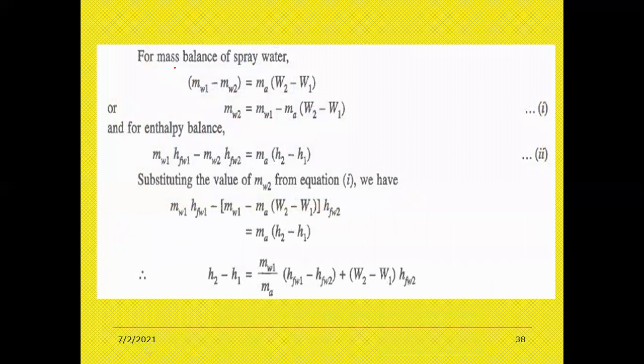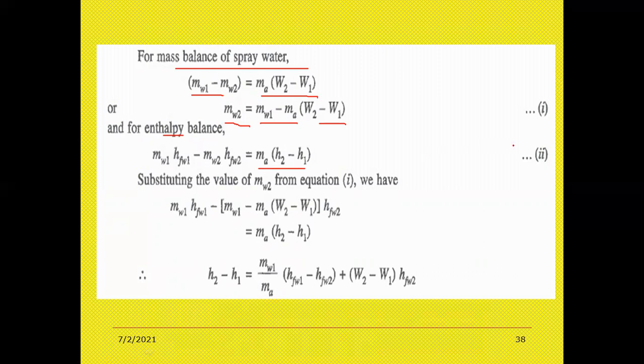For the mass balance of the spray water, MW1 minus MW2 is equal to Ma times (W2 minus W1). Therefore, MW2 is equal to MW1 minus Ma times (W2 minus W1). For the enthalpy balance, MW1 times HFW1 minus MW2 times HFW2 is equal to Ma times (H2 minus H1).